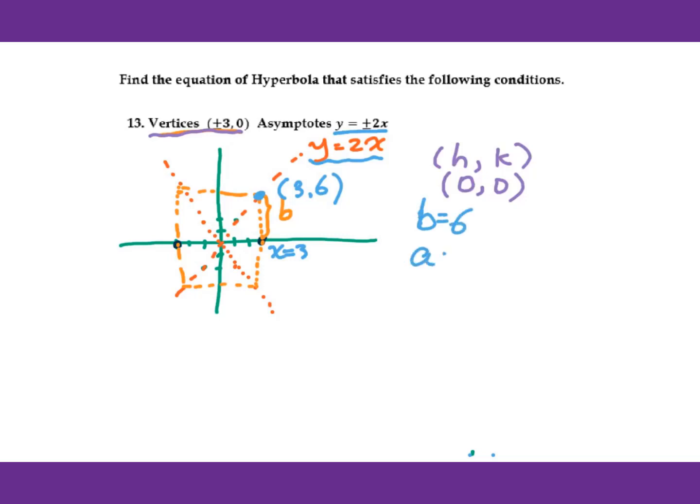And A equals 3, from center to vertex. The arrow for A, that's horizontal. Arrow for B is vertical. The graph will be a horizontal hyperbola. This is what the graph looks like.